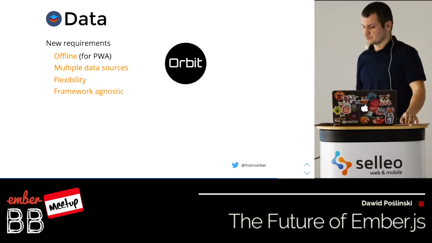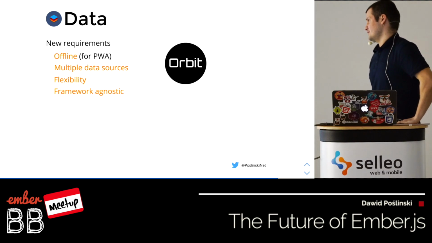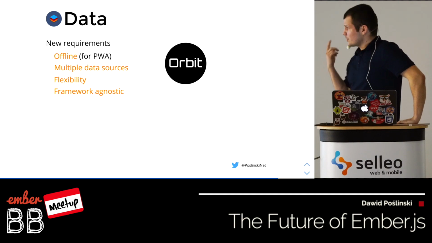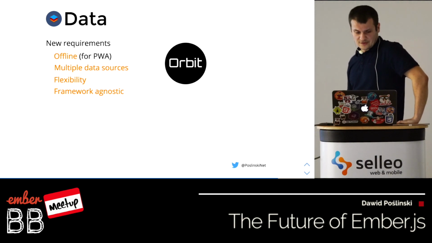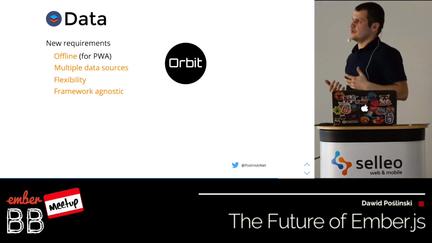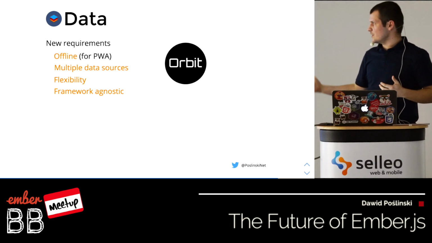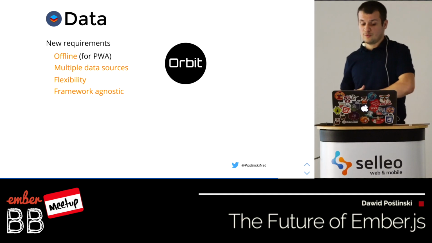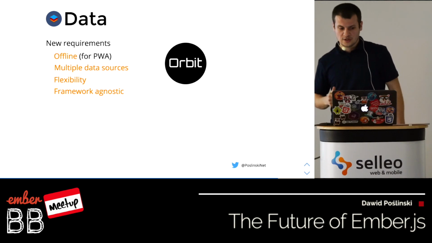Also, the core team realized one important fact, that to grow, the solution should be framework agnostic. And here you can see Orbit, which is not in fact just a data layer, but it gives an extra layer between your backend and the data layer in the client app.